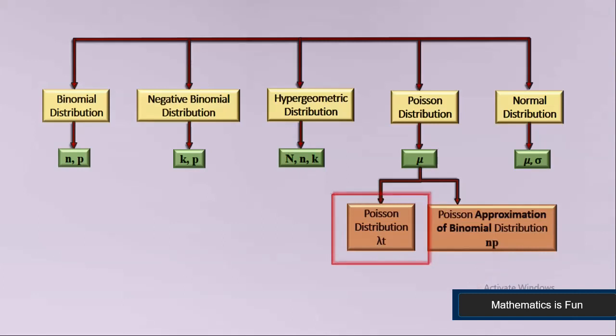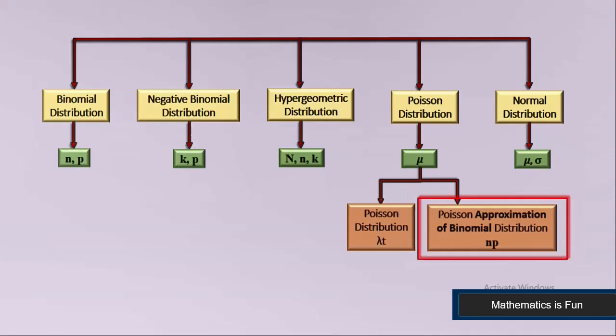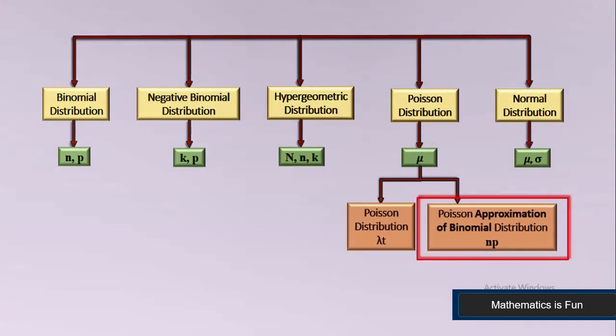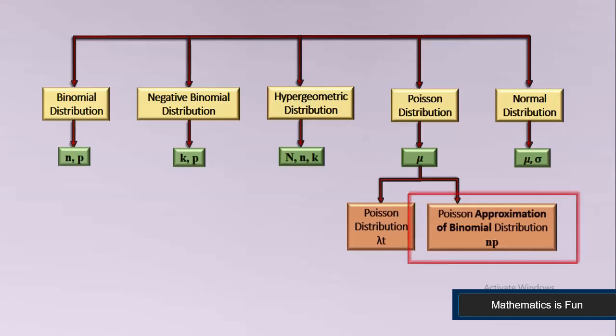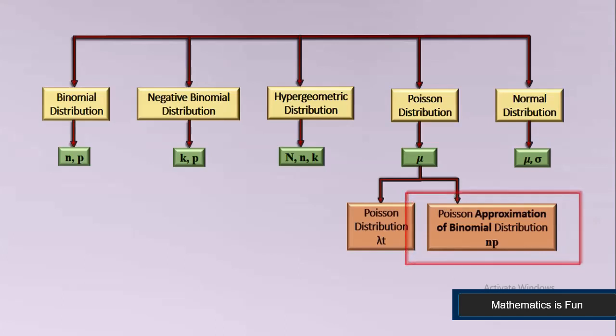In Poisson distribution, the statement would be like you are given the average number of successes per unit time or unit distance, unit area, unit volume. In the second category, we would have a simple binomial distribution problem with the parameters n and p. But here n is a very large number and probability of success p is a very small number. So we would prefer to use Poisson distribution here.